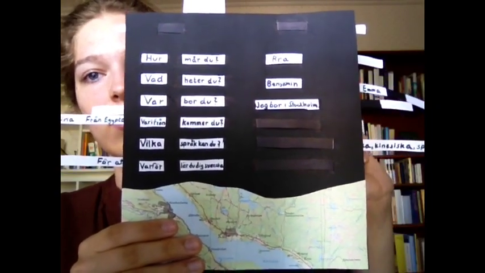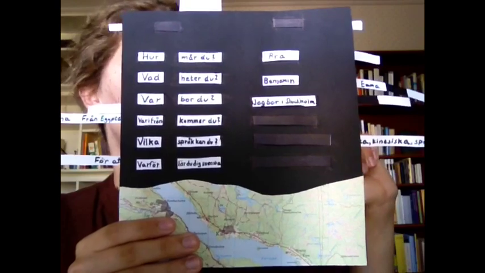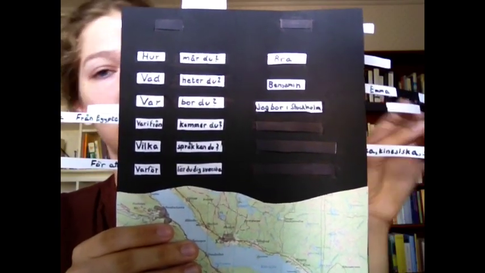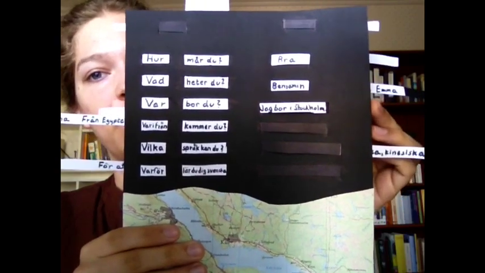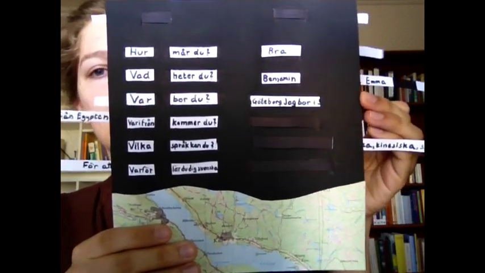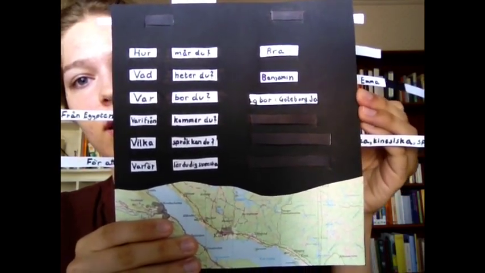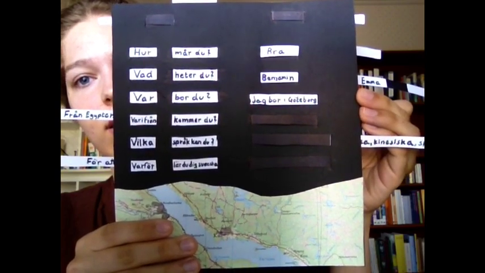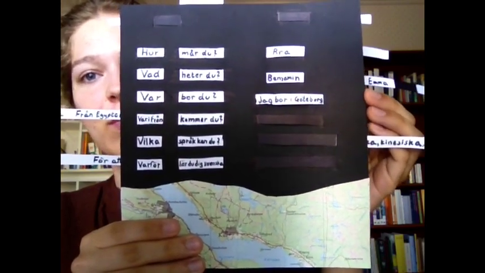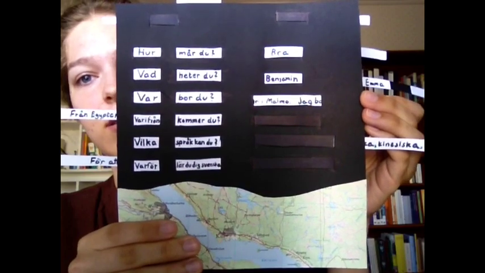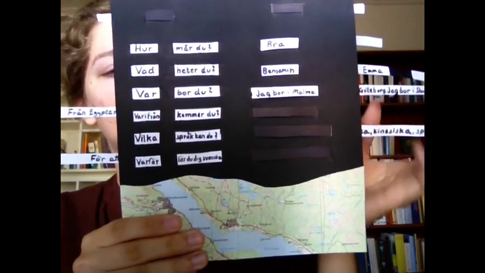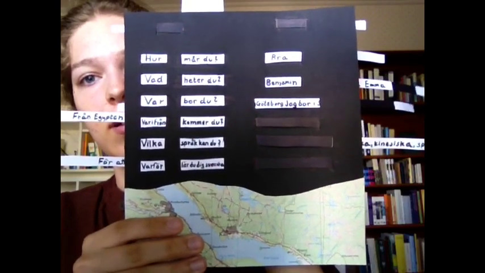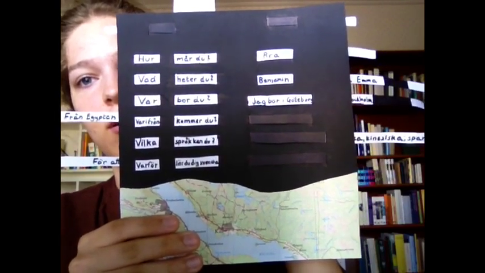I could have done that, but I didn't for some reason. But here he can reply, jag bor i Stockholm. That is the capital, as you know. And he can reply, jag bor i Göteborg. That is the second largest town or city. And perhaps he lives in Malmö. Jag bor i Malmö. But now he lives in Gothenburg.